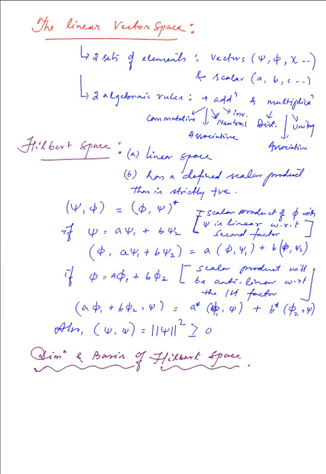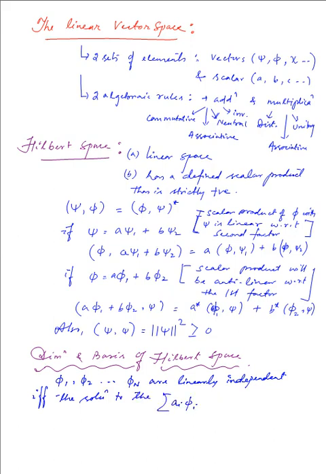If we are to consider the dimension and the basis of the Hilbert space, then we must consider the vectors that constitute the space, say phi 1 through to phi n, and they are linearly independent if and only if the solution to the equation, the sum of a_i phi_i, where i is taken from 1 to n for the n vectors we have just given, equal to 0, is a1 equal to a2 right up to an equal to 0. In that case, they are linearly independent.